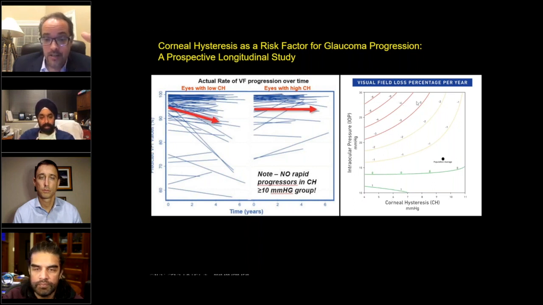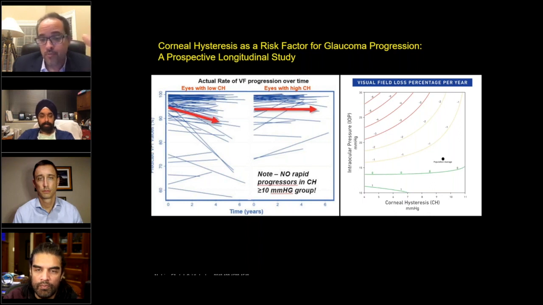You can see that in the area with the red curves. And the little numbers that you see there are rates of visual field loss, the percentage of visual field loss per year.